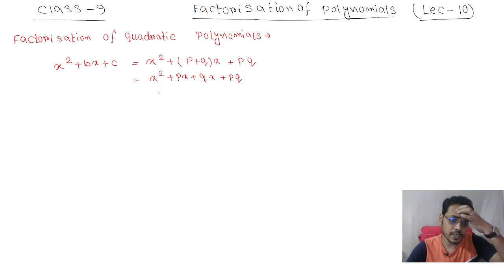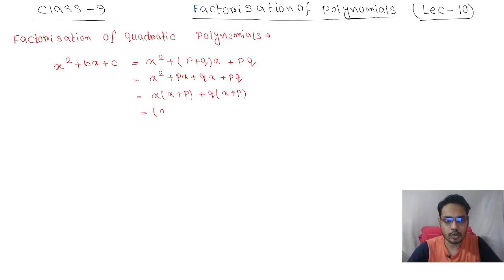Now from the first two terms take x common, so x plus p. Then from the third and fourth terms take q common, so it will be x plus p. So x plus p is common in both places, so (x plus p) into (x plus q). So we have to write in this form.